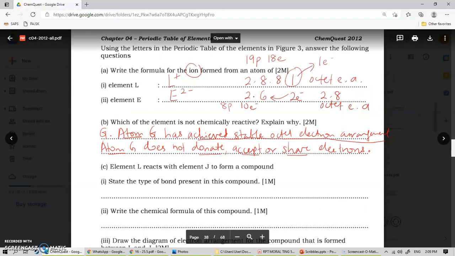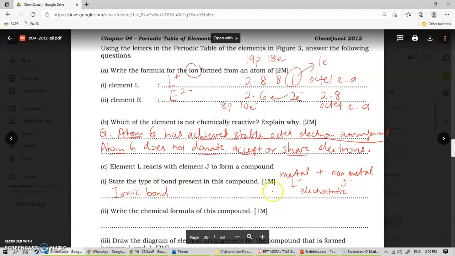When a metal and a non-metal element react with each other, they will form an ionic bond, because the L plus and the J negative will attract each other. Opposites attract. So the positive ion and the negative ion attract each other by an electrostatic force of attraction, and this electrostatic force of attraction is also called an ionic bond.